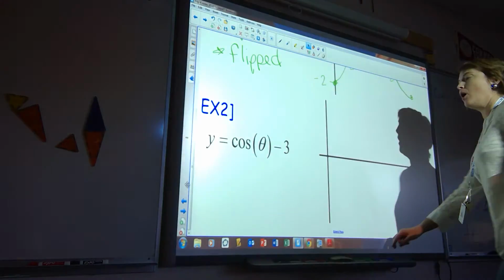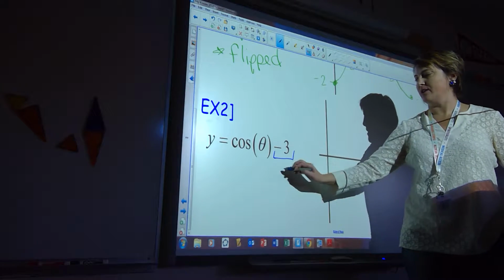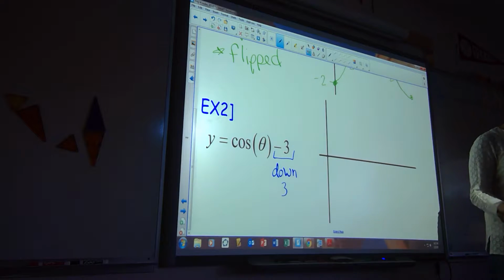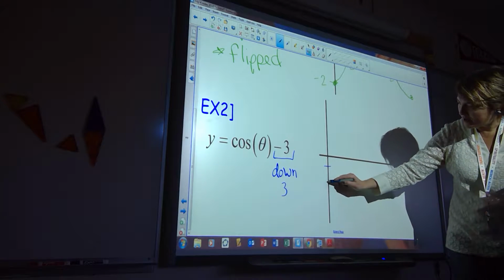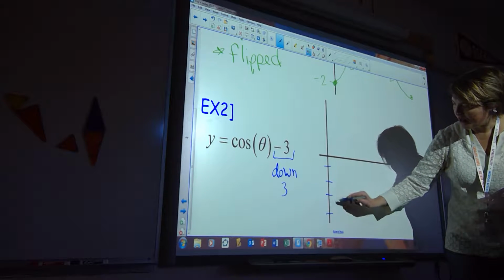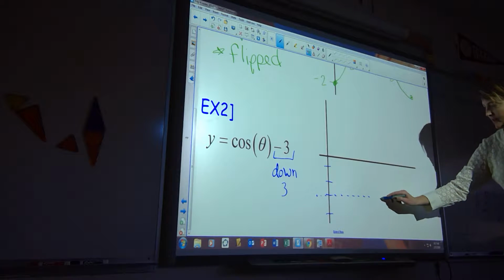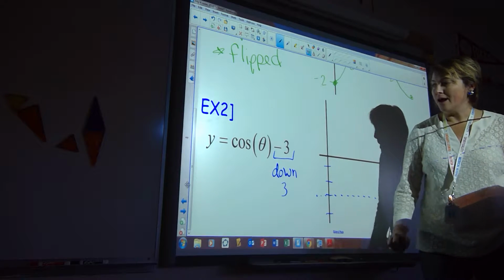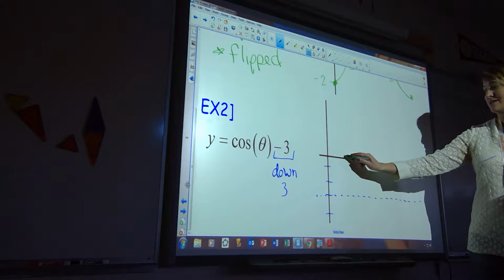For this one, the only thing that's changed is that we have gone down 3. So we will draw in our midline. 1, 2, 3, 4. I'm going to draw in my midline right here. My tick marks are all going to be exactly the same.